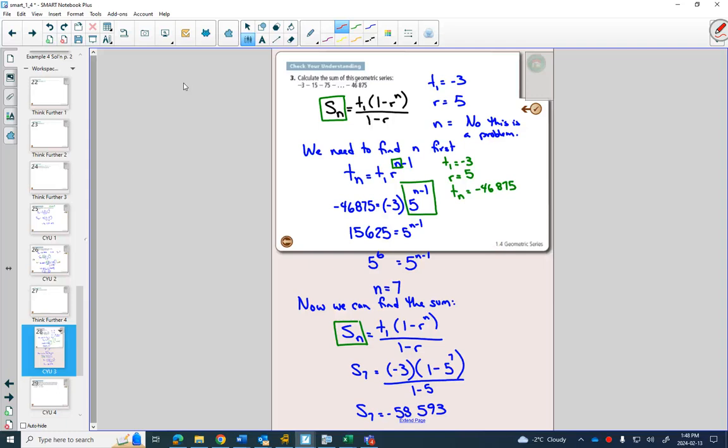So even though you do not know n, we do, in this case, know what the last term is. So we can put a number in for Tn. Now we could solve for n. We did that. And then we realized, well, I've solved for n, but I still need to find the sum. So now I need to go back to my main formula. I can now plug in everything, and I can find my sum. So, take 5 minutes, try question number 9.